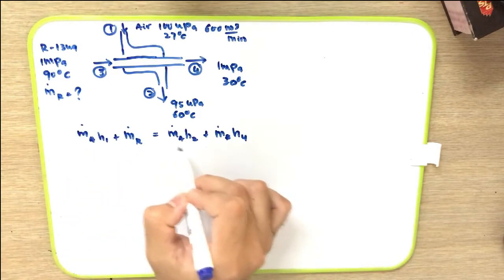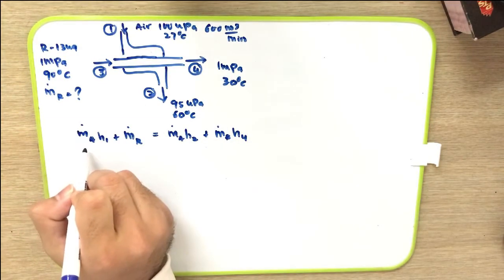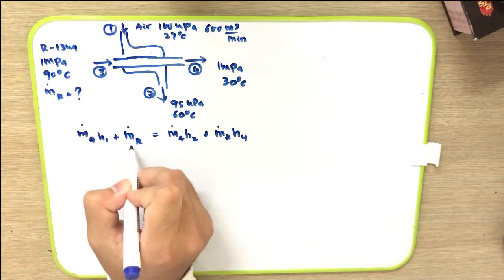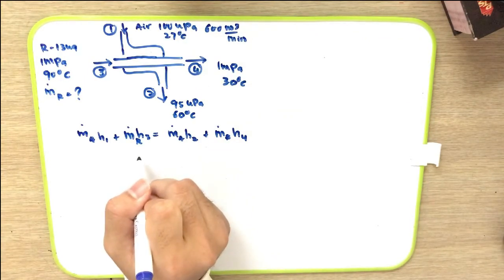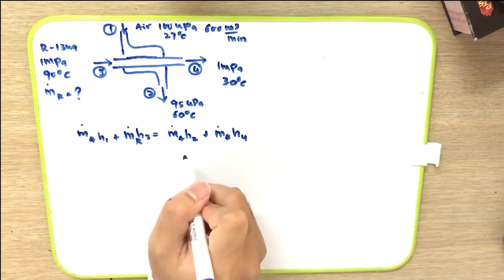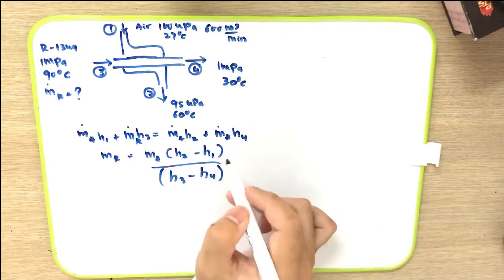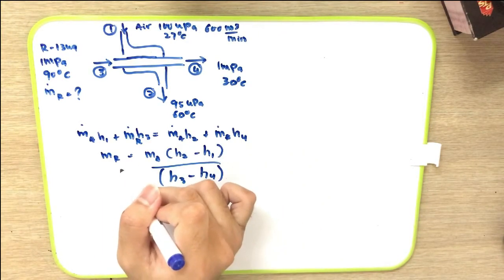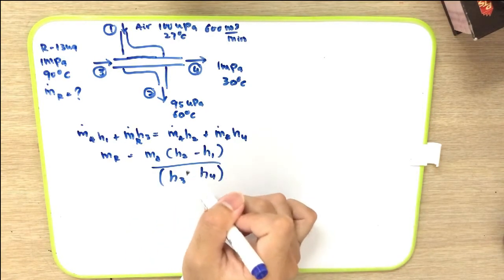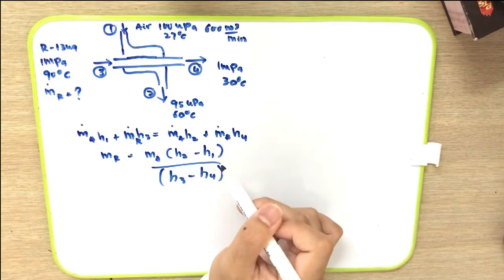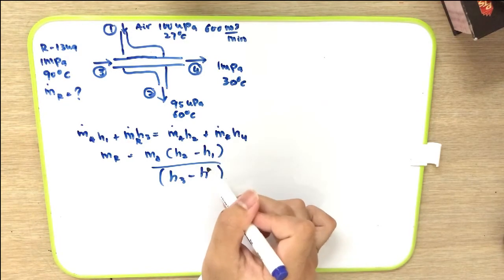This is the inlet and this is the outlet. We have the mass flow rate for air and also mass flow rate for refrigerant. Next, we rearrange this equation according to the mass flow rate for air and also refrigerant. After we rearrange, we will get m_R is equal to m_A (H2 minus H1) over (H3 minus H4). Now we have to find each enthalpy.